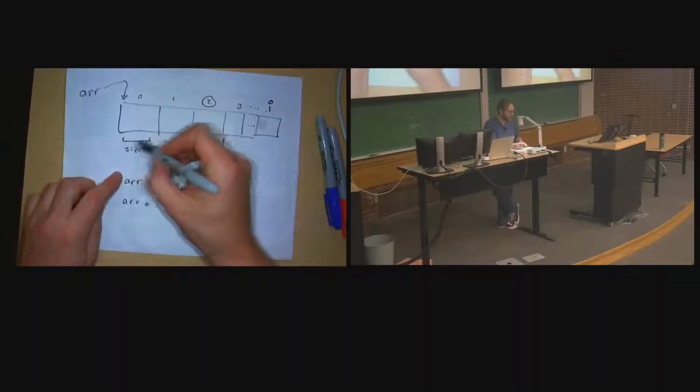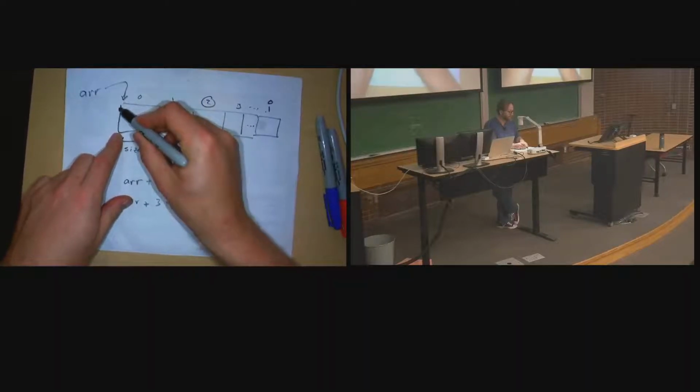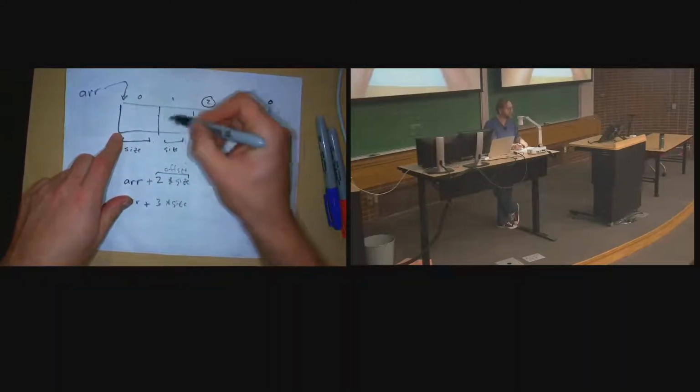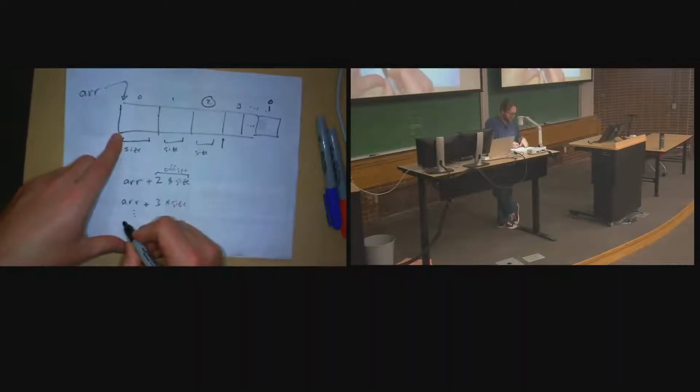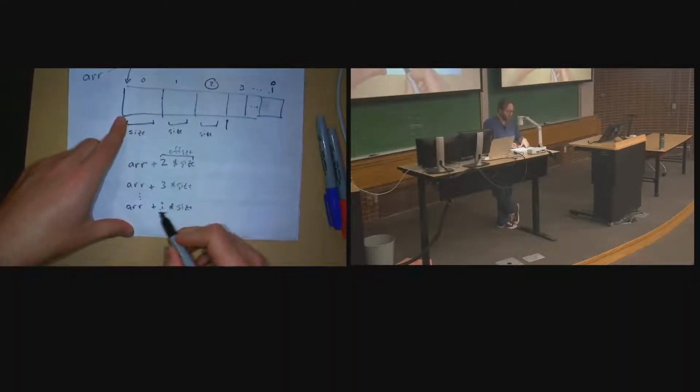All I need to know is how many bytes I need to jump from this address to get this element right here. So at the ith element, what would be the general formula? I times size. This is where you use your index. This is where the memory address begins, and so these two things together give you an offset. That's visually what it looks like.